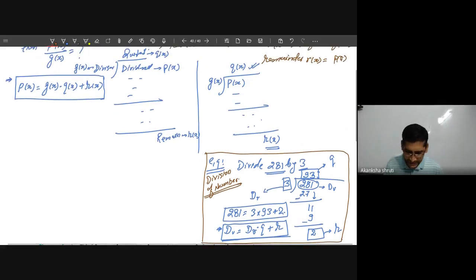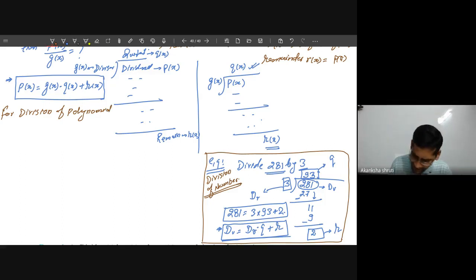But now the question is, if we are given two polynomials, say px and another polynomial gx, then how do we get px by gx? That is the main question. So for division of polynomials, we must have two polynomials given.